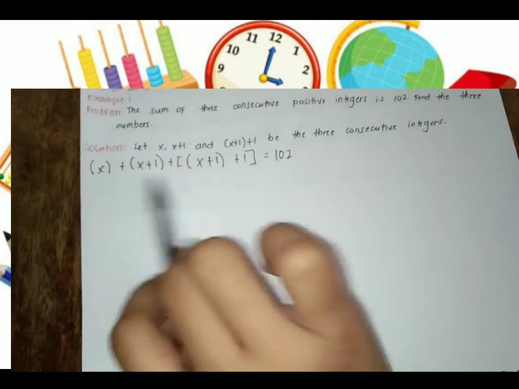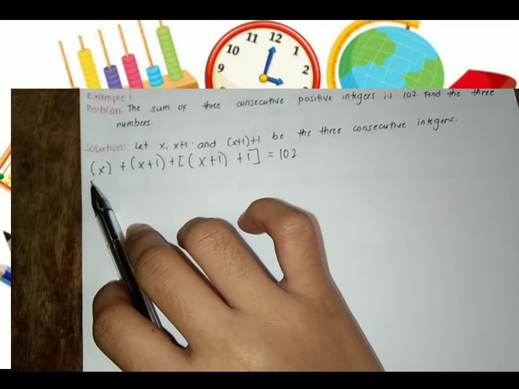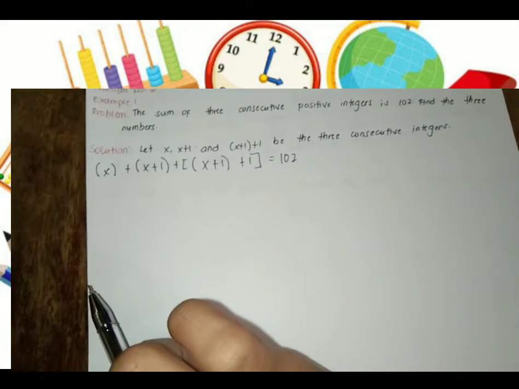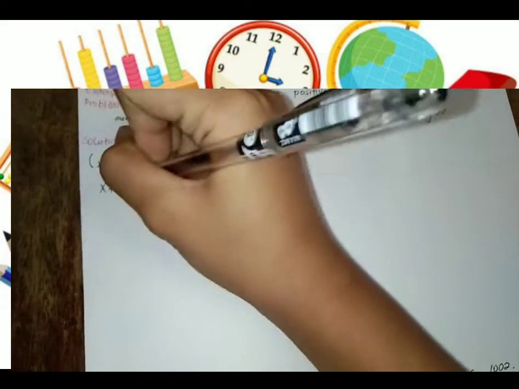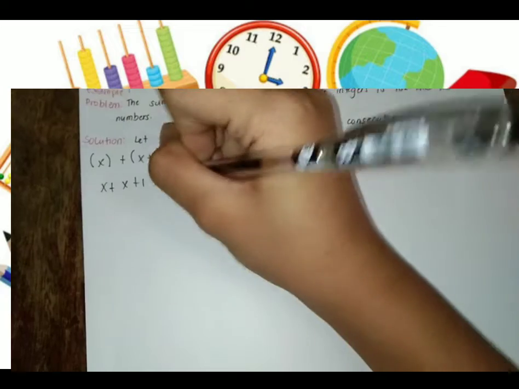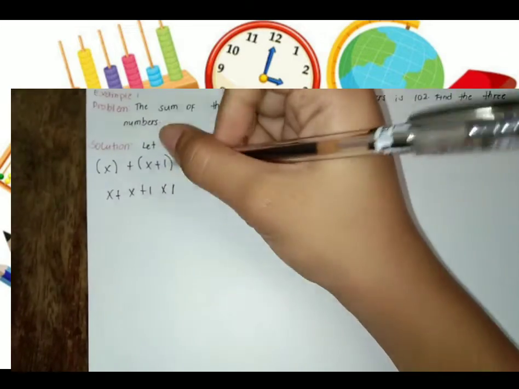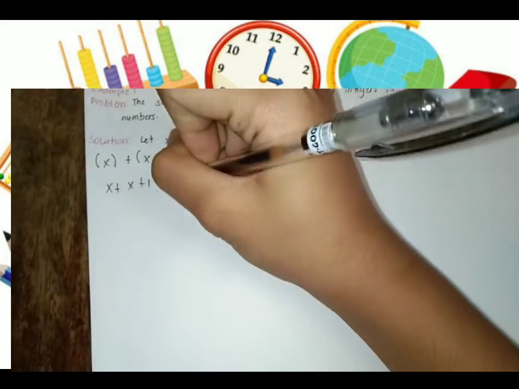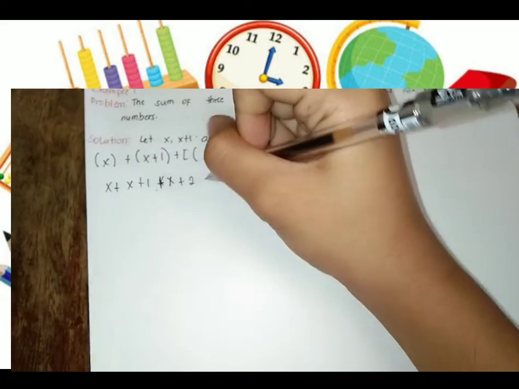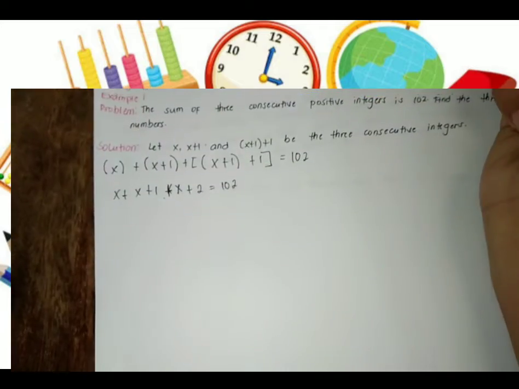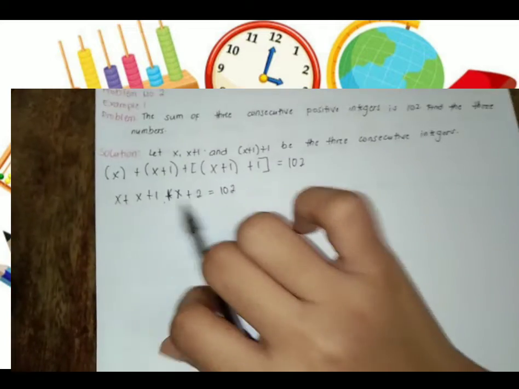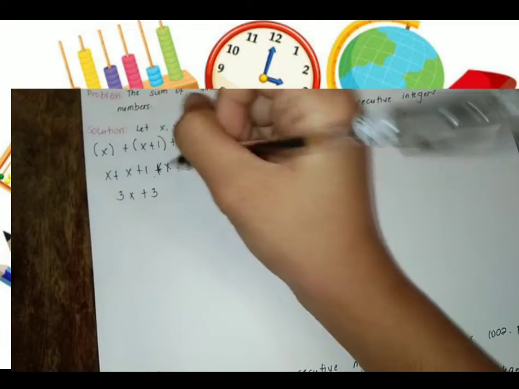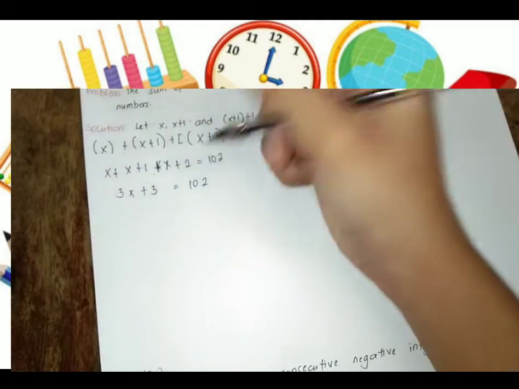Okay, so we are going to multiply it. x plus 1 plus x plus 2 is equal to 102. Now we are going to add it. 3x plus 3 is equal to 102.